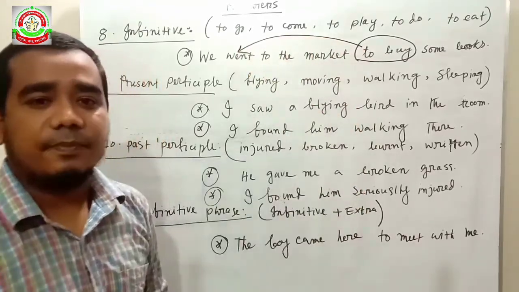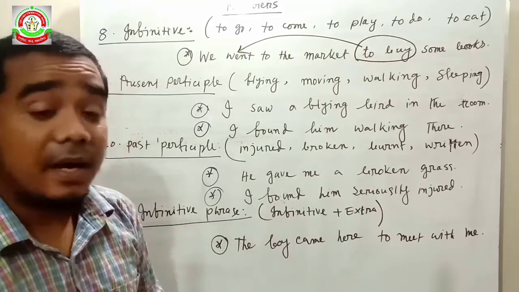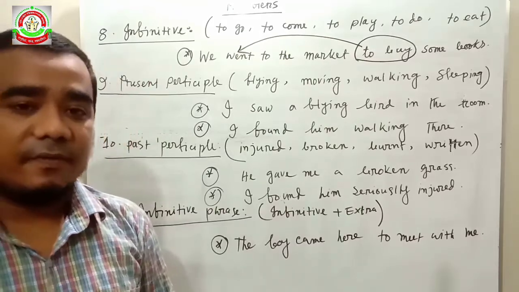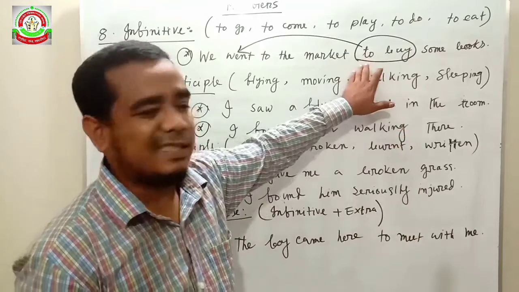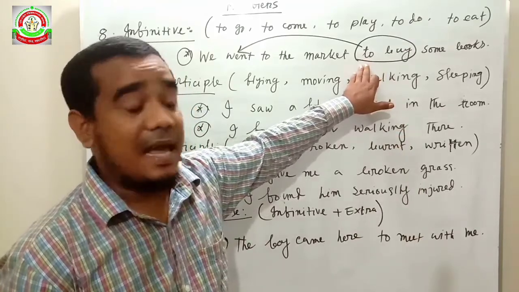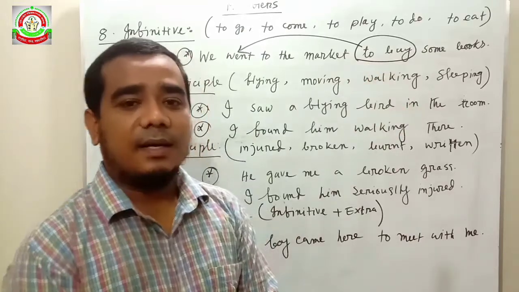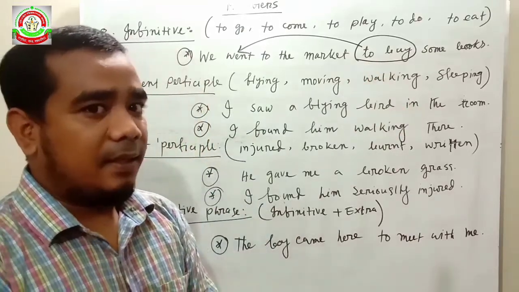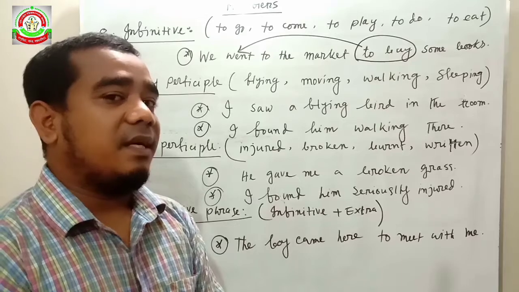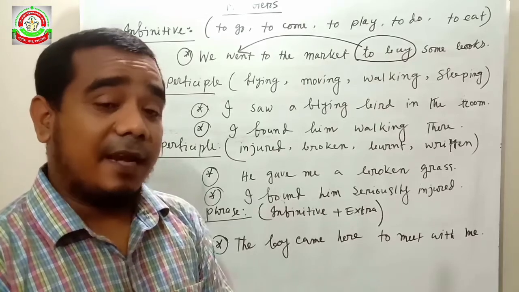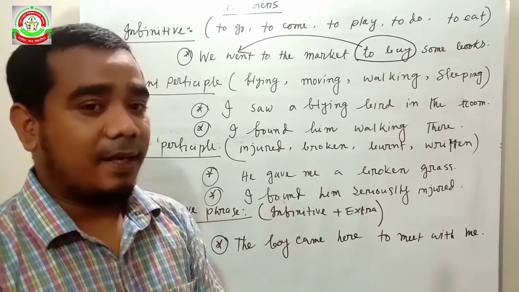It is very simple. When you are asked to use an infinitive, you have to guess the meaning of the sentence, and according to the meaning, whichever verb is required, you have to use that verb by adding to before it, making an infinitive.